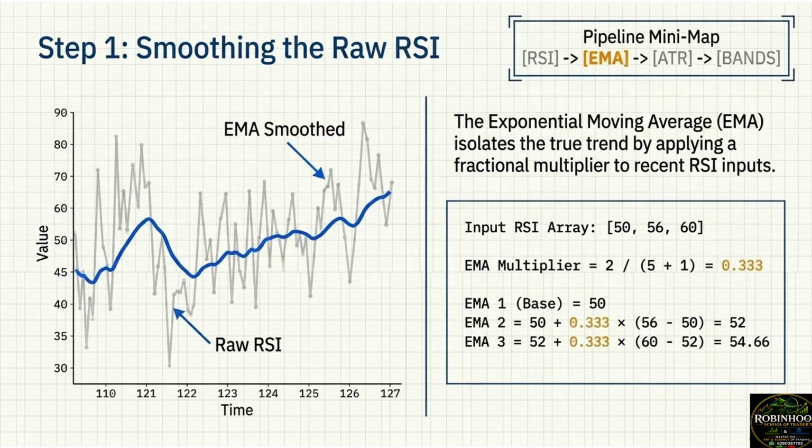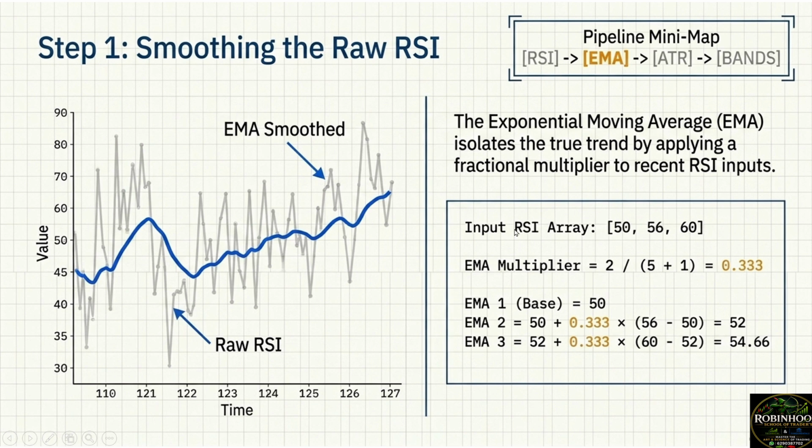So let's take an example. This is how RSI 14 and 9 look like. See, you're getting so much whipsaw. Now what this does is take the average of all the RSI values and give a very simple smoothed kind of RSI. For example, we know how to calculate EMA.